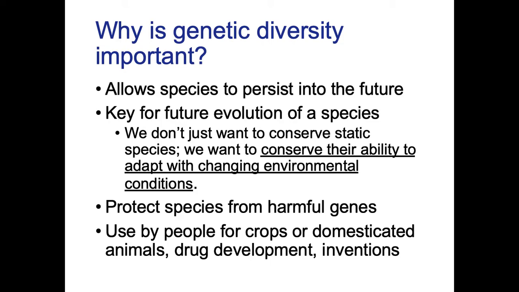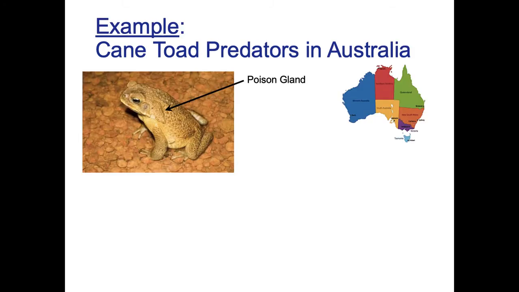And then there are also just inventions, not necessarily just drugs, but all kinds of different properties from species help us make new glue or design new technologies. And that genetic diversity can help us have these things available if we want to develop these new inventions.